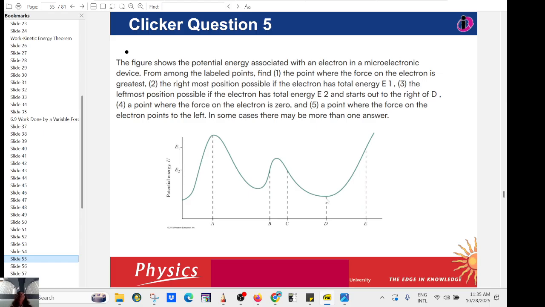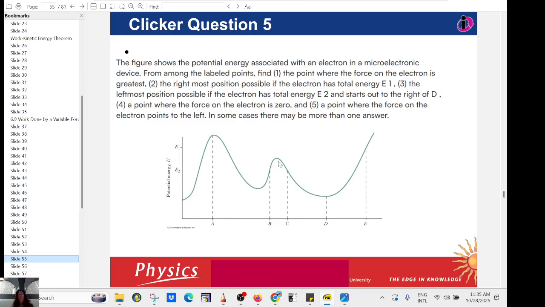It's a stable equilibrium. If it tries to escape this way, boom, it's going to go back. If it tries to escape that way, boom, it's going to go back. Now here also, can you see there is no slope? There is no slope, but is it stable or unstable? Unstable, because if it moves a little bit, boom, it's going to go down.